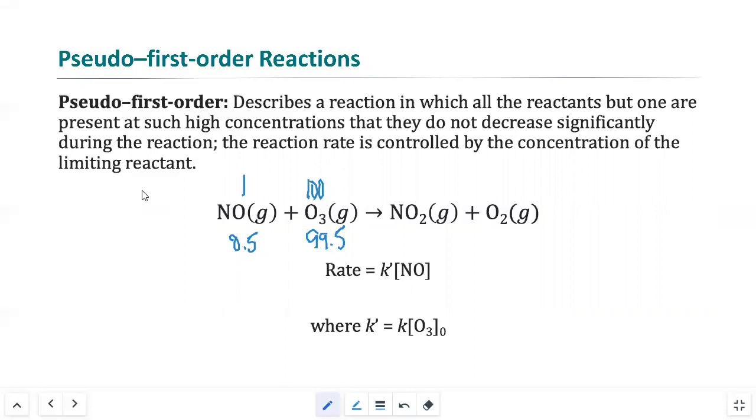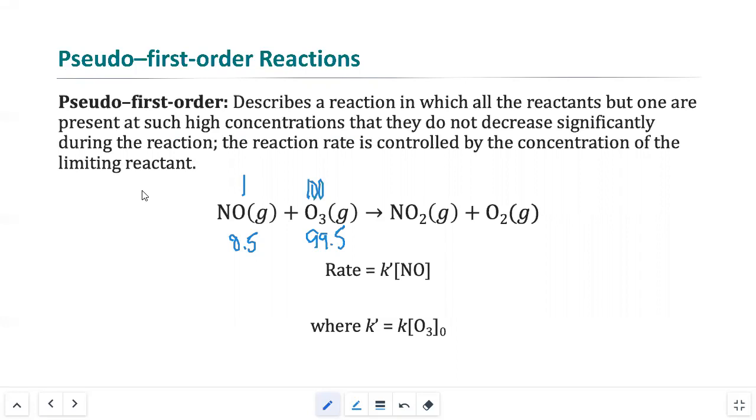So in our graph, we graph using only the concentration of the nitrogen monoxide to figure out what the order of nitrogen monoxide is. We monitored it, and it looks like it's first order. We can say that because we've basically negated the effect of ozone.